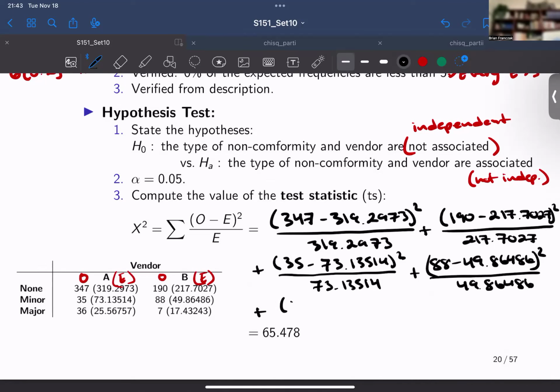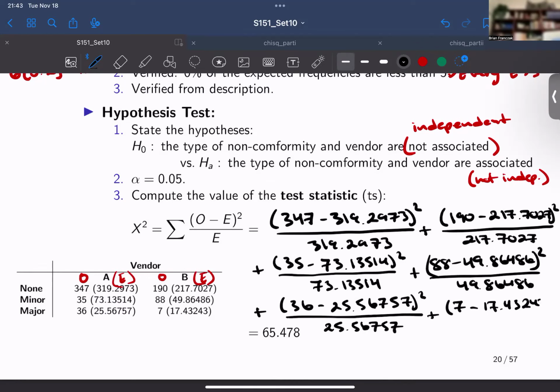And then our last ones are 36 minus 25.56757 squared divided by 25.56757 plus 7 minus 17.43243 squared divided by 17.43243.